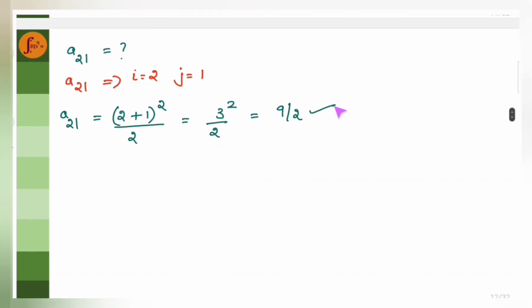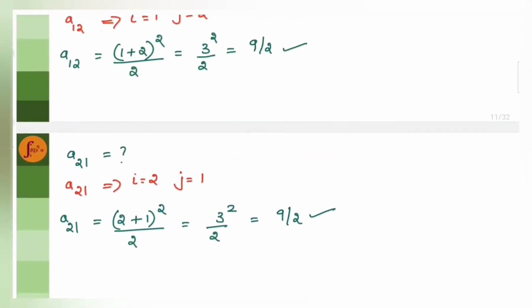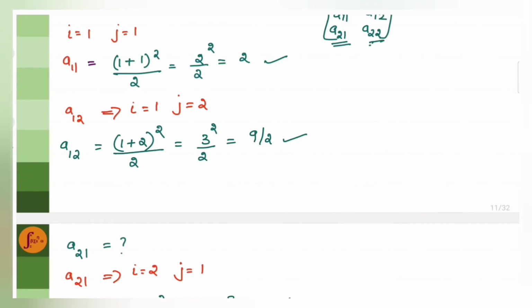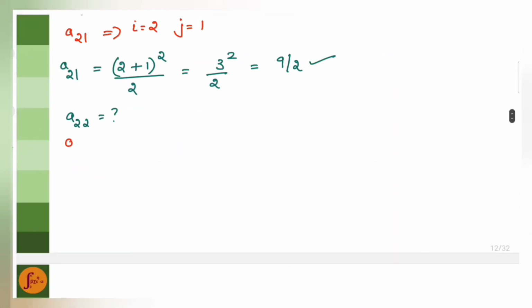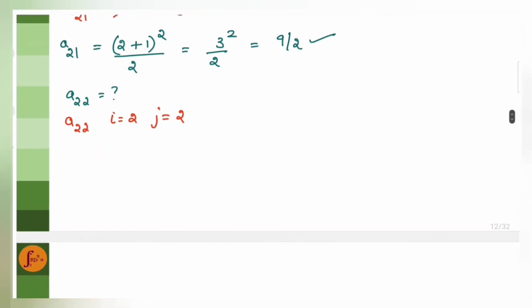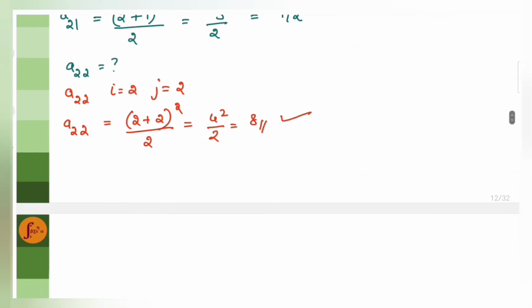This is our third element. Next we'll have to find A22. A22 means I is equal to 2, j is equal to 2. So we substitute I and j. It's I plus j the whole square, so 2 plus 2 the whole square by 2, which is 4 square by 2, 16 by 2, which is 8. So the last element is 8. So what is the matrix that we have? Let's substitute each of these elements.